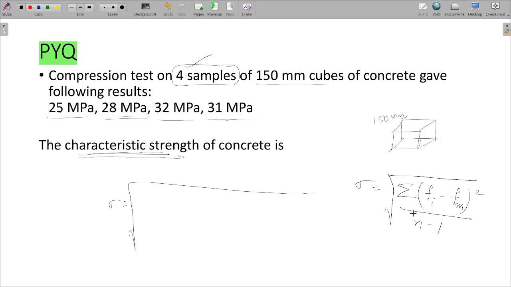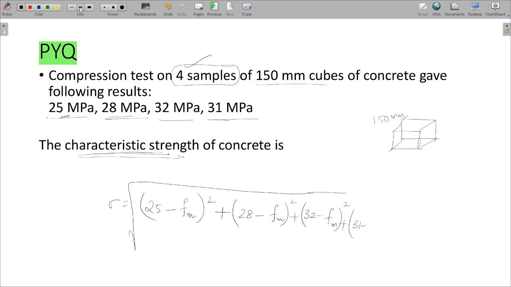First Fi, that is 25 minus Fm, whatever mean value we calculate, and then 28 minus Fm, plus 32 minus Fm square, plus 31 minus Fm square, by n minus 1.